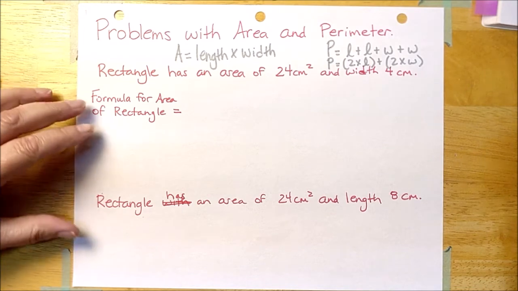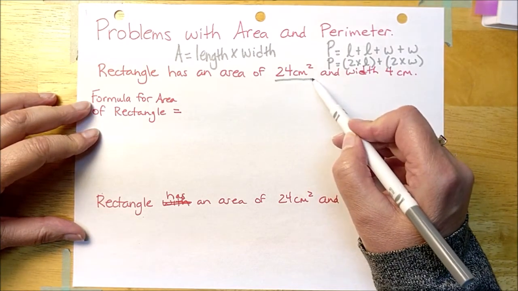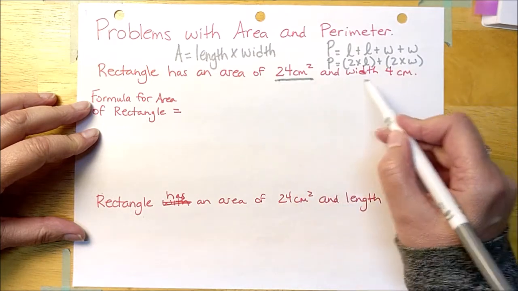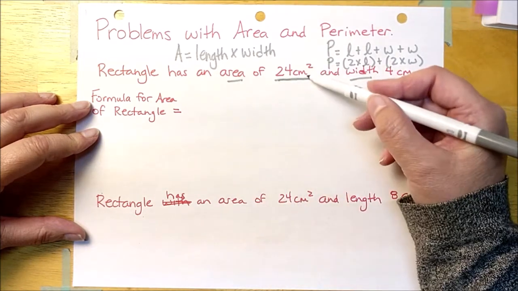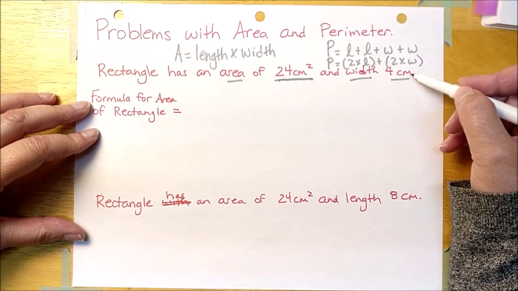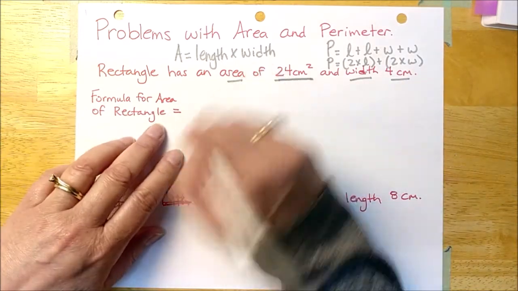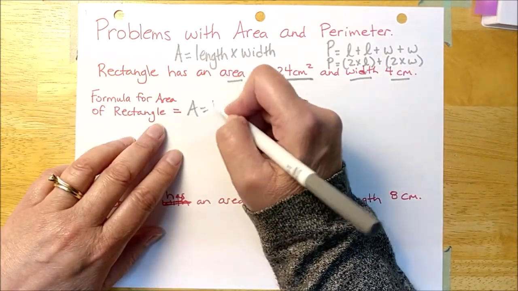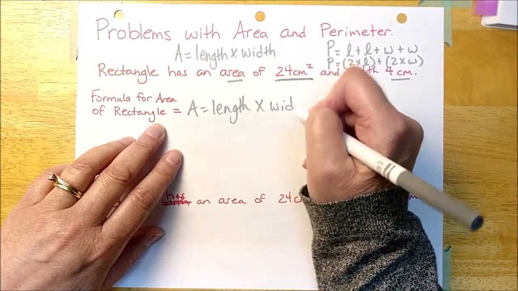So a rectangle, our first question says, has an area of 24 centimeters squared and has a width of 4 centimeters. So knowing our formula for area, it is length times width.